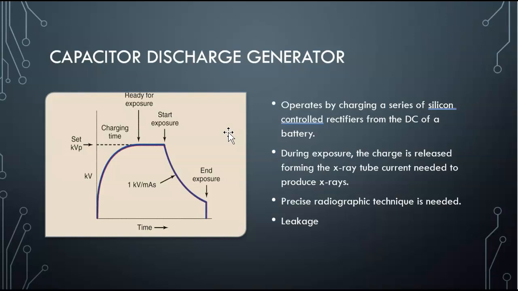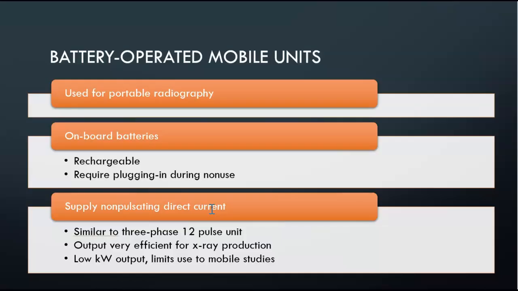It operates by charging a series of silicone-controlled rectifiers from the direct current of a battery. During exposure, the charge is released, forming the X-ray tube current needed to produce X-rays. Precise radiographic technique is needed. The problem is you end the exposure and sometimes you still have some leakage, so it doesn't shut off completely right away. Okay.